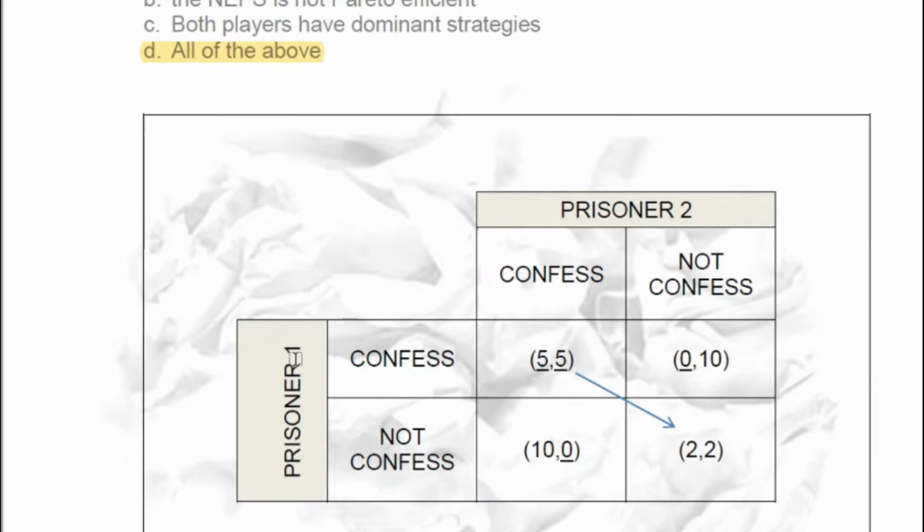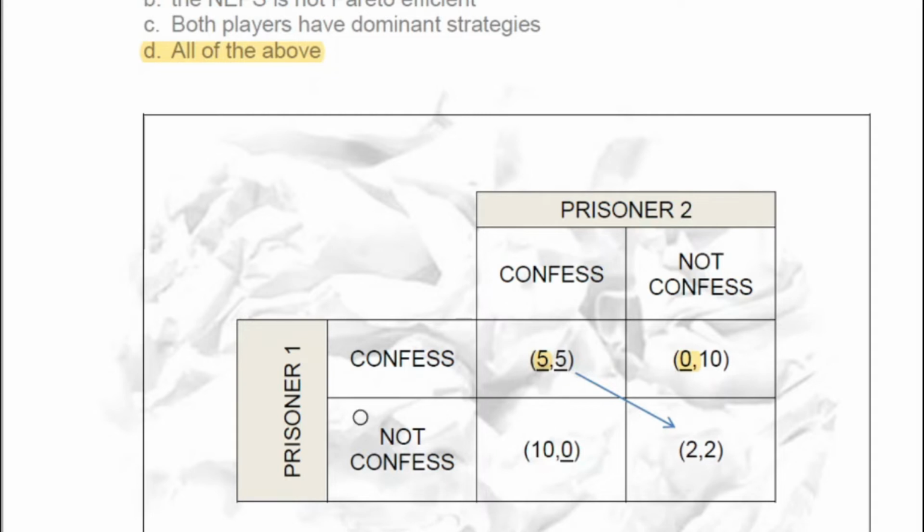Well, if I'm prisoner 1 and I think that prisoner 2 will confess, I should confess and go only 5 years to jail instead of not confessing and going 10. If I think that prisoner 2 will not confess, I should confess and go free, yeah, free, instead of not confessing and going 2 years to jail.